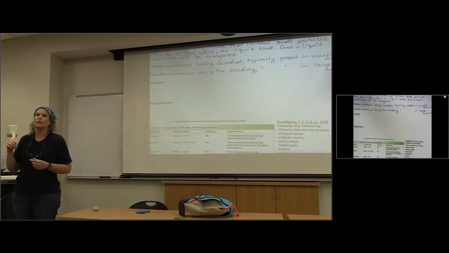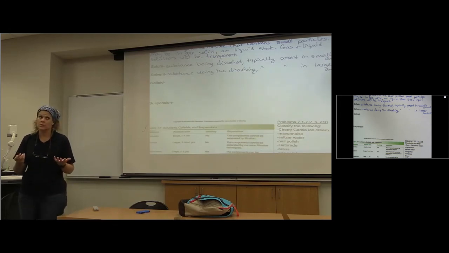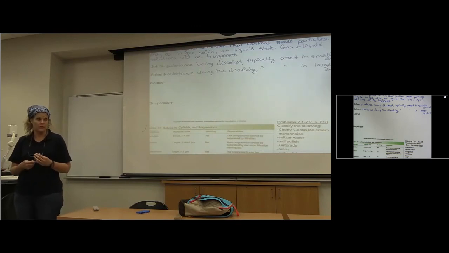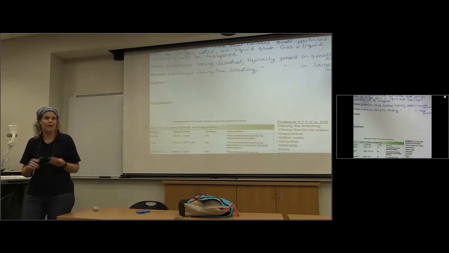So let's take another one. Sweet tea. Sugar is one of the solutes. Tea extract is also a solute. And then what's the solvent? The water's the solvent. Good. What about coffee? Black coffee for sure.